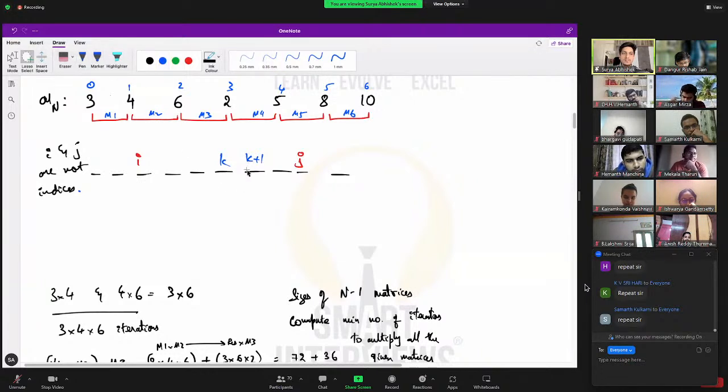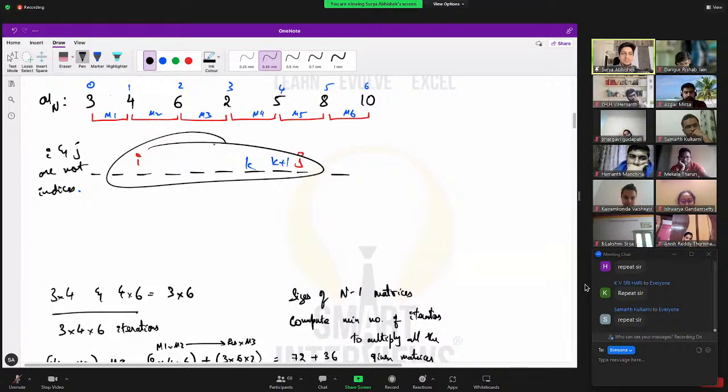This k plus 1 could be anywhere in the range of i to j, or in between i to j. Any more doubts with this discussion before I move forward?